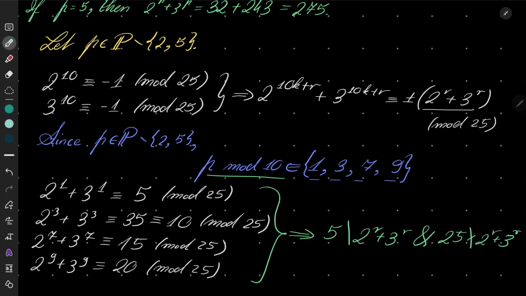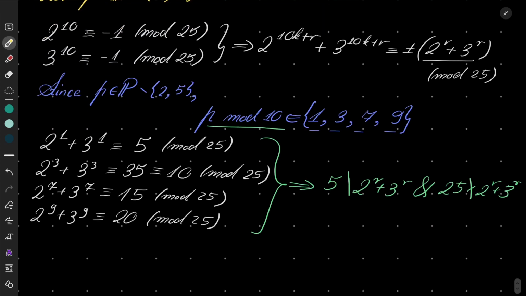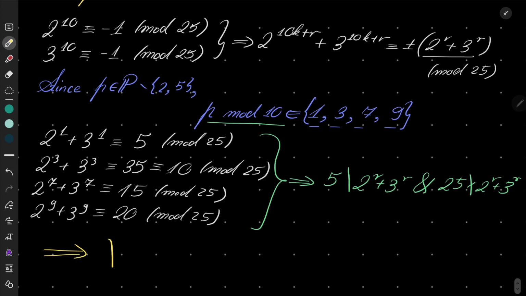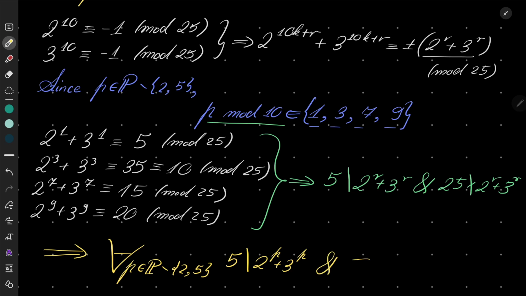So that means that for every prime number p which is not 2 and not 5, 5 divides 2 to the power of p plus 3 to the power of p, and 25 doesn't.